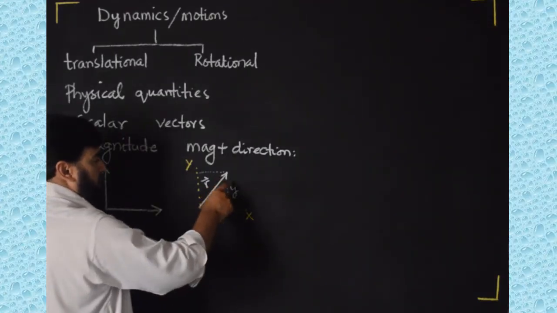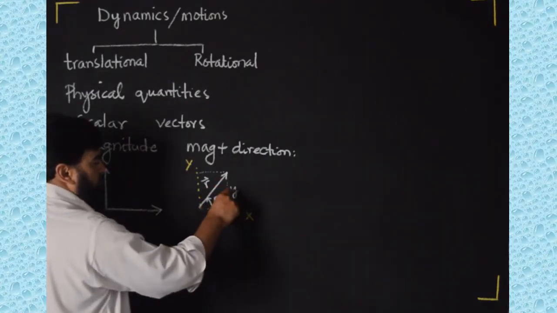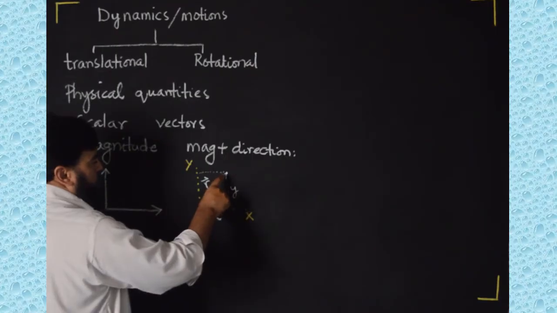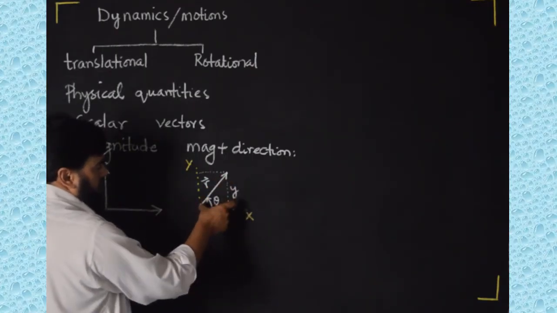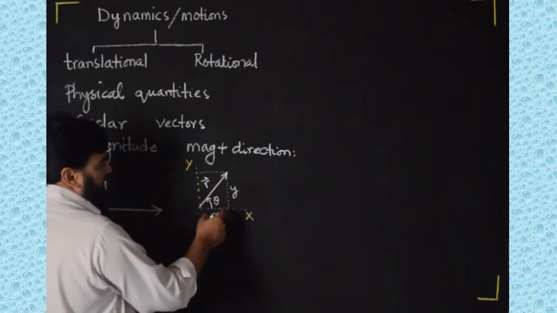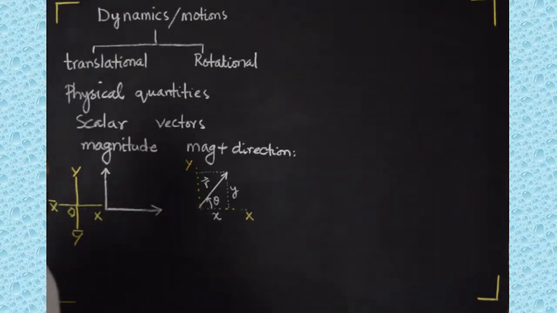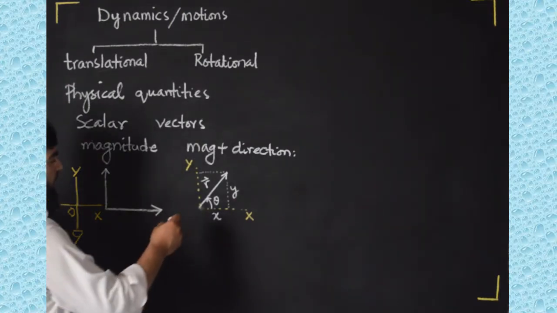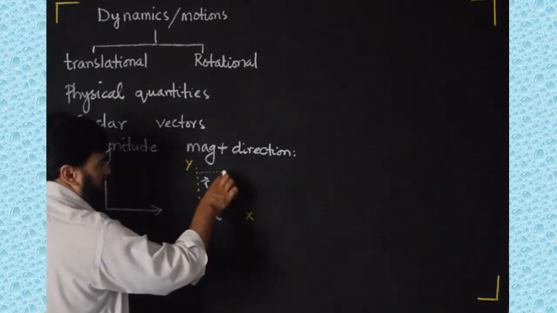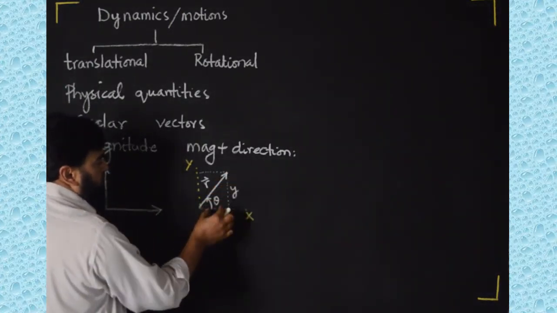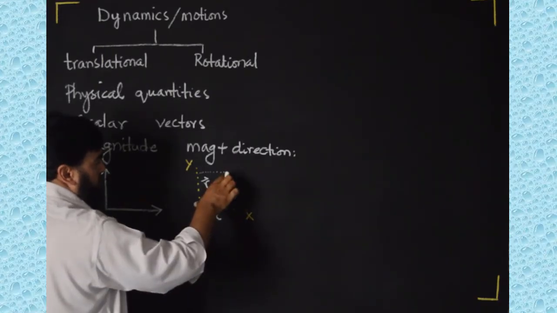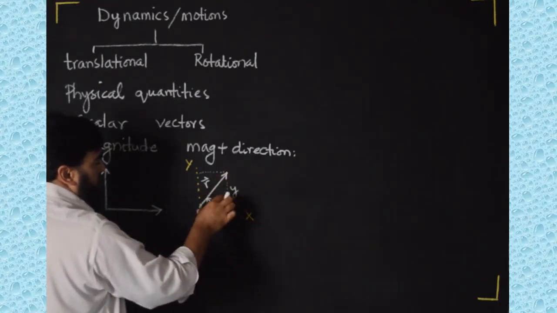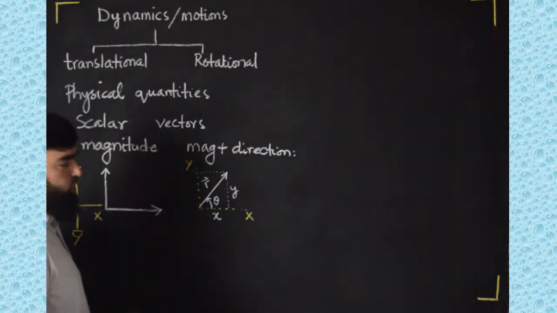So for a given inclination, this will have some ratio, and as I change this inclination, both the x and y will change. So we will have to decide how to compare; this r will remain constant. So we will have to decide that when this changes, how these components will be changing.